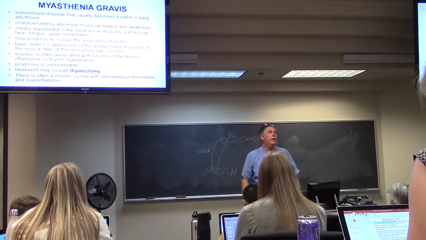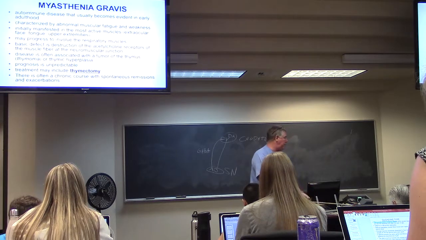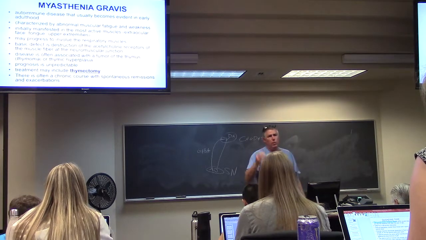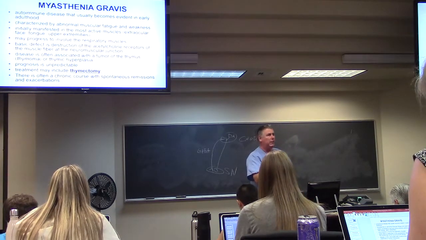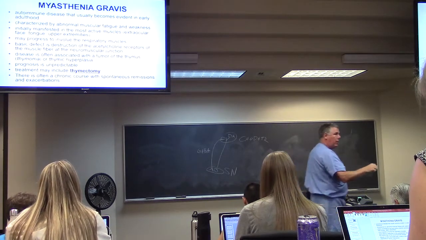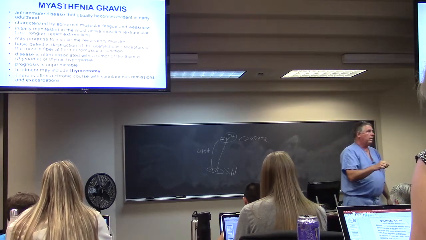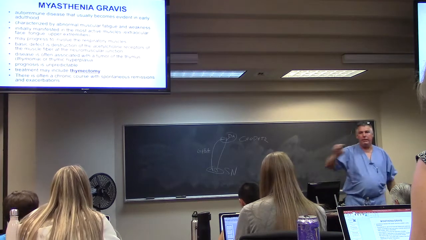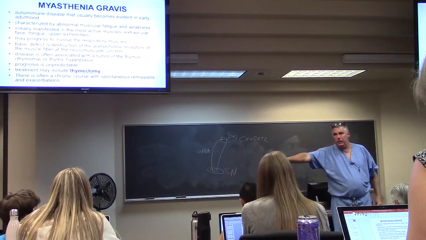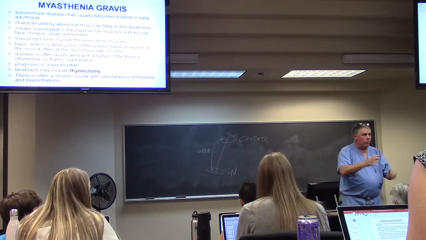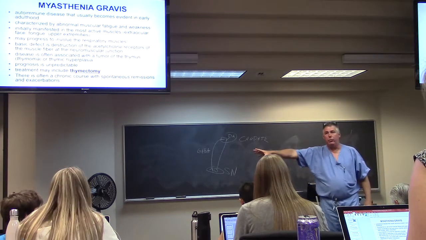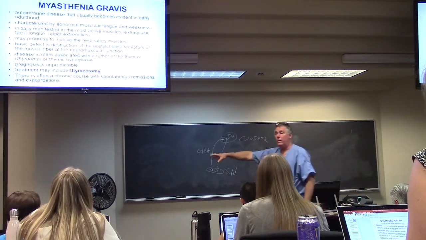Okay. The other thing is myasthenia gravis. Myasthenia gravis is an autoimmune disease where you develop autoantibodies against the acetylcholine receptor on muscles. So the alpha motor neurons from the ventral horn have their motor end plate, right? The neurotransmitter is acetylcholine.